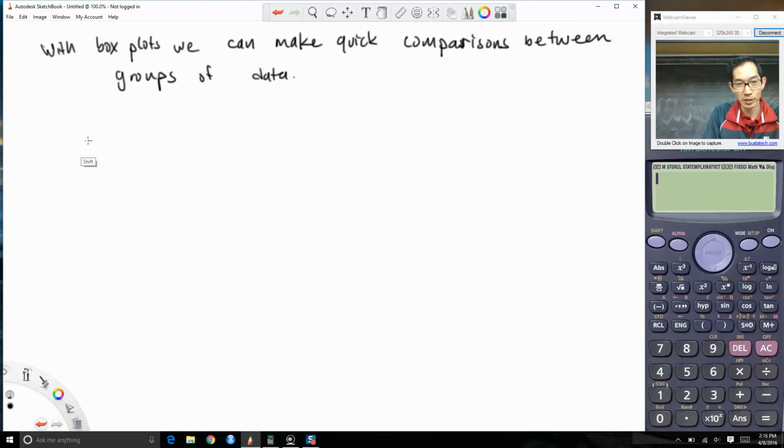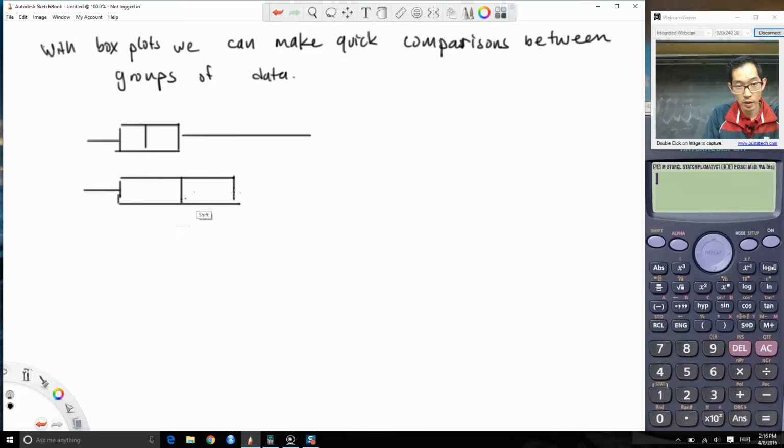For example, I could draw one box plot that looks like this. This would probably only have a couple of outliers out here, because you can only go out 1.5.